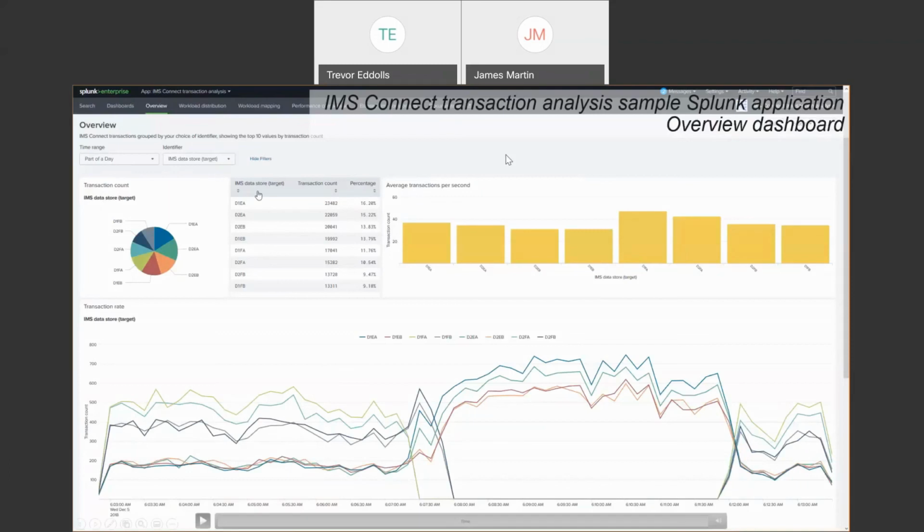You can see the target data store, the transaction count, and the percentage of usage. If I'm using workload balancing in IMS Connect Extensions, this helps me to understand if my balancing rules are being used, right? I can also see average transaction per second numbers by target data store over here. And here's my target data store information and my transaction counts. And here's a transaction rate by data store target in a line graph.